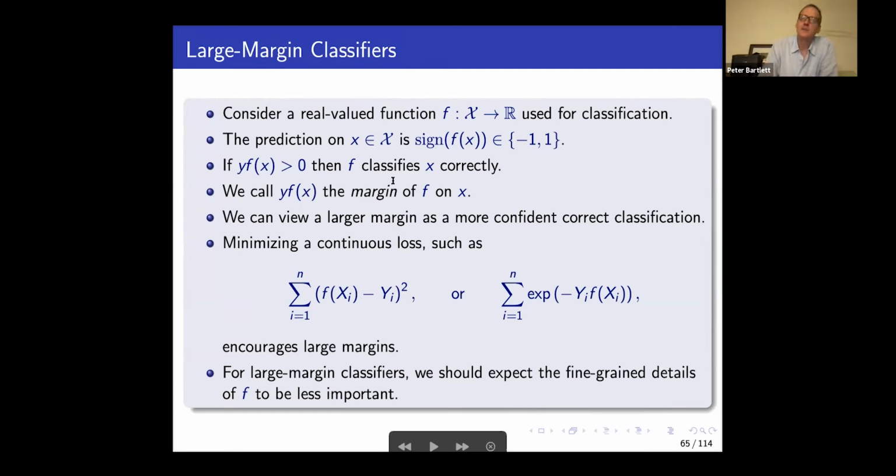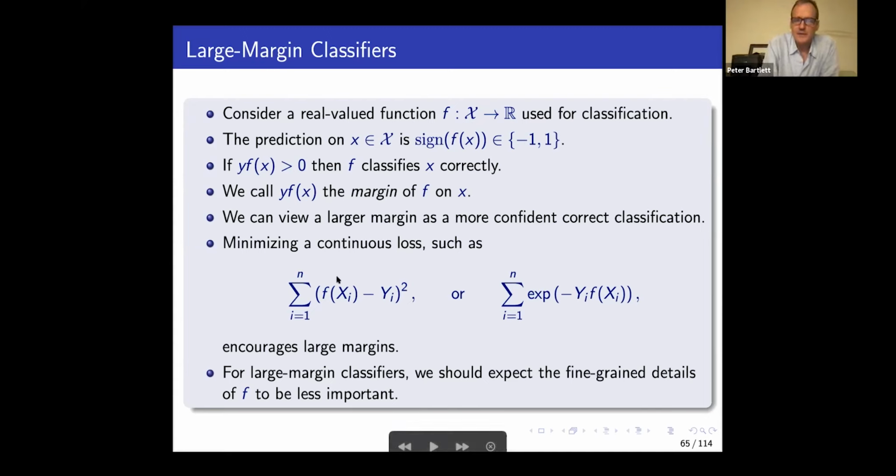That corresponds to a correct classification. But the losses that are being minimized here are actually continuous functions of the margin of this function on the point x, y. And they're losses that encourage larger margins. So things you might interpret as more correct classifications in some vague sense.